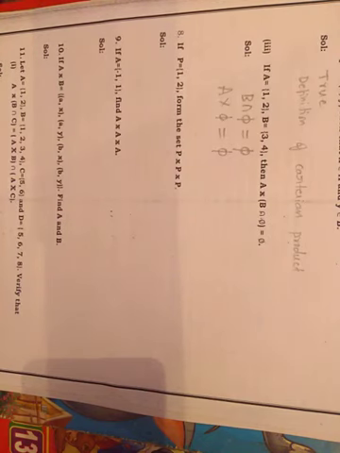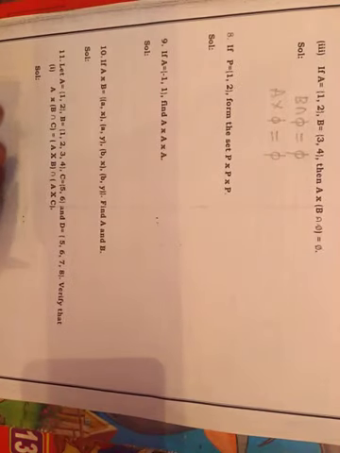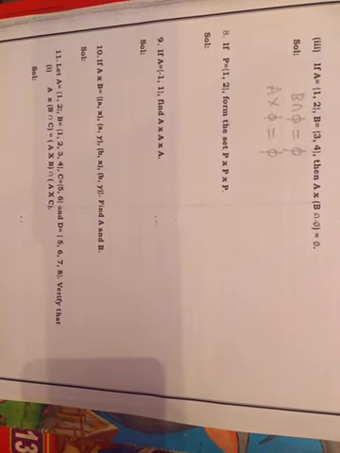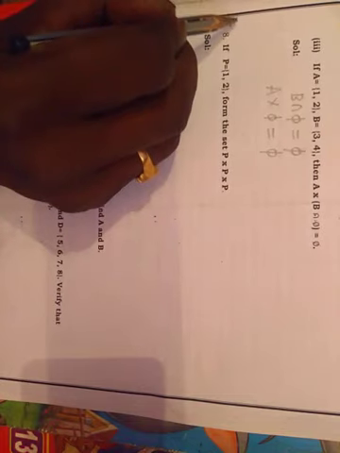In the previous note, we already said about this. Any set's Cartesian product with the empty set is always equal to empty. Then P equal to {1, 2}, form the set P cross P cross P. It is a 1 mark question. Okay.